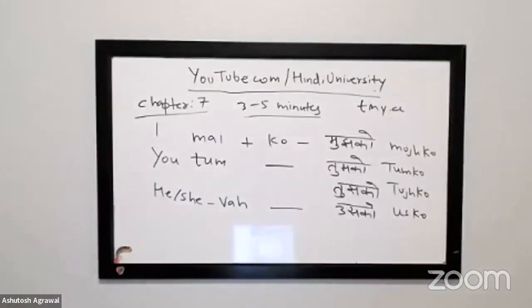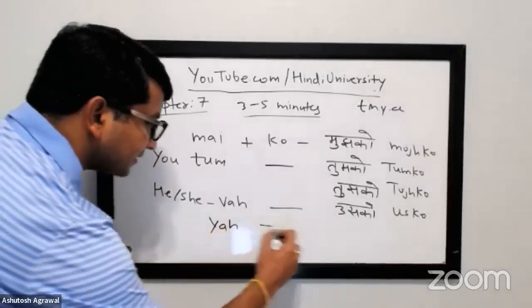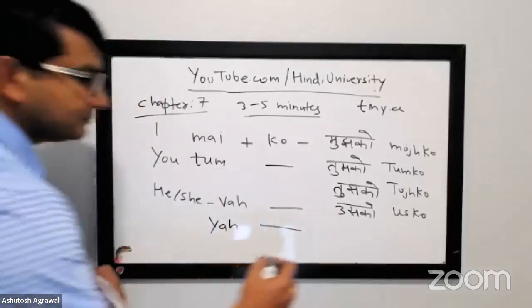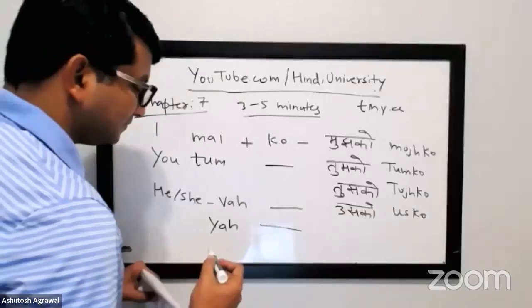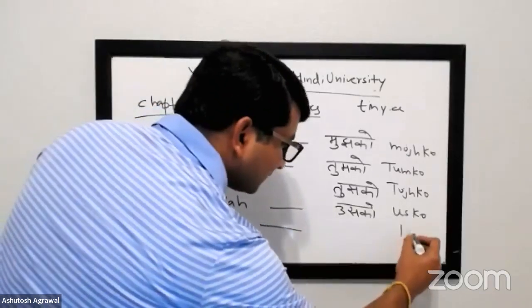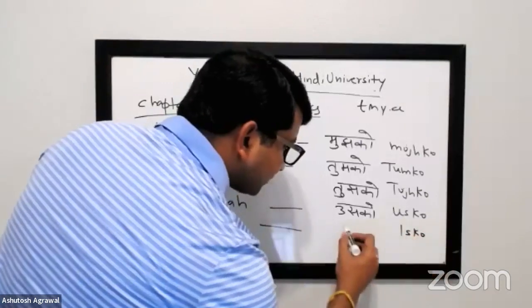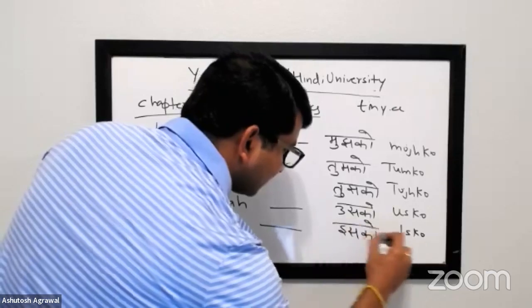And then it also means, if you're writing it, यह becomes इसको. Very good. यह becomes इसको.